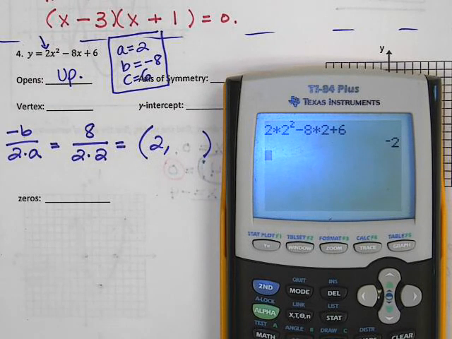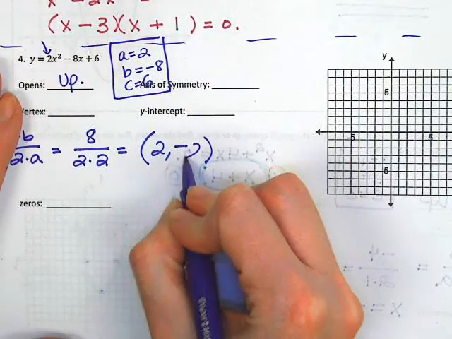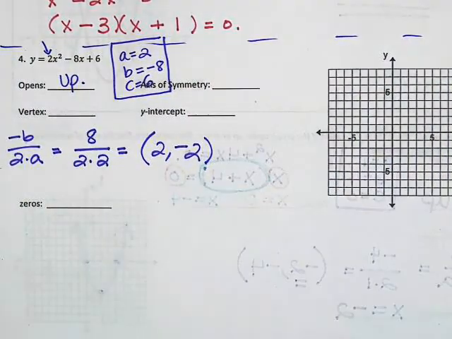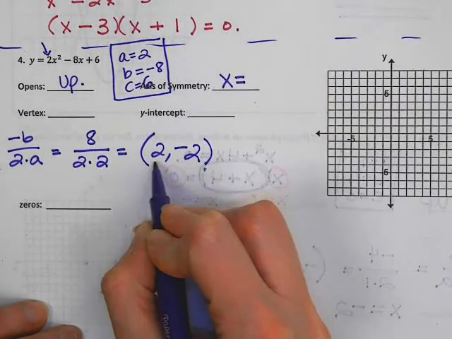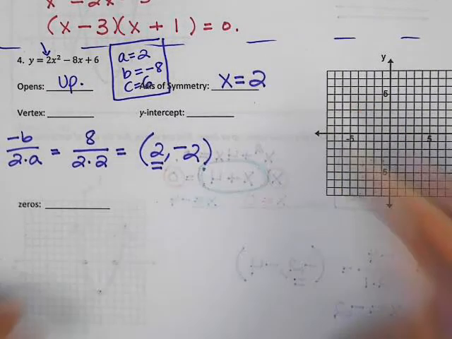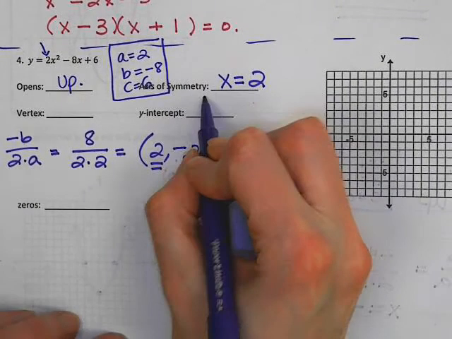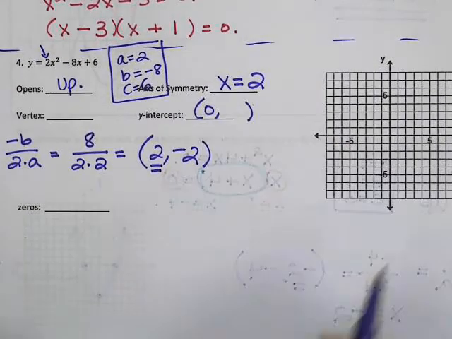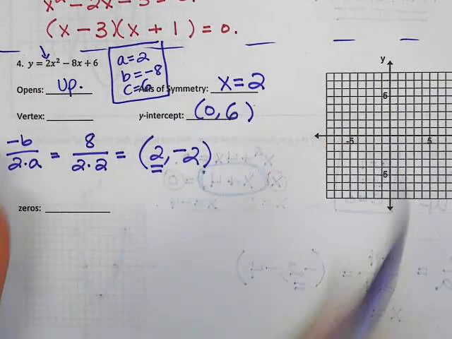And it looks like the k value is negative 2. Okay, so that's the vertex. The line of symmetry is always x equals the h value of the vertex. So x equals 2. And the y-intercept is always 0 comma c. So 0 comma 6.